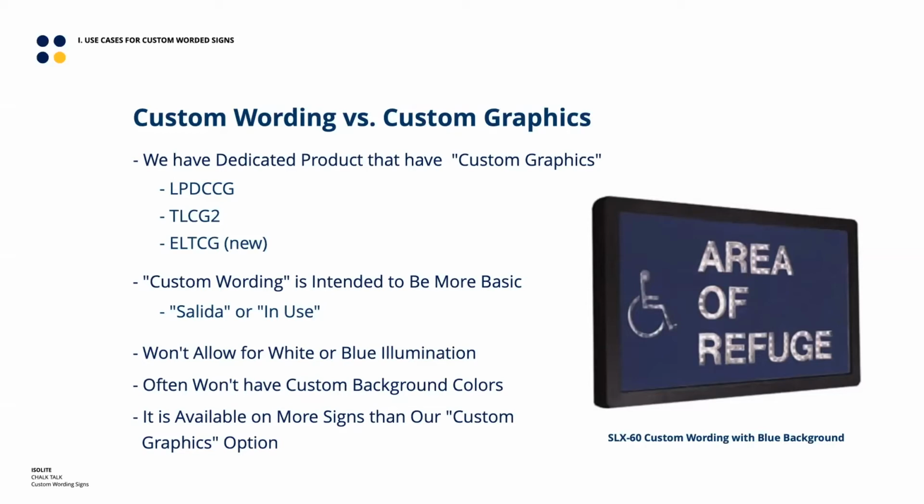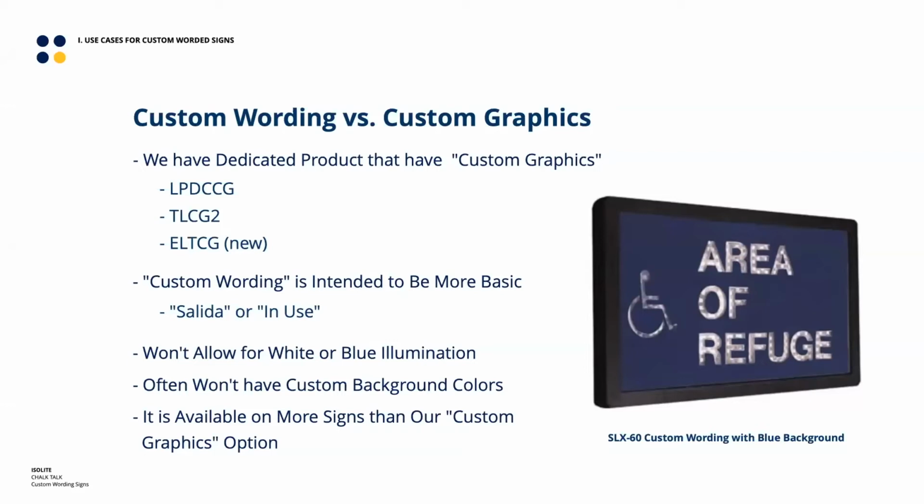Custom wording is intended to be more basic. This is the Salida or in use or laser in use, X-ray in use kind of sign. It's really just words. It won't allow for custom illumination colors. Very often it won't have custom background colors. It's still going to be a white with red or white with green.